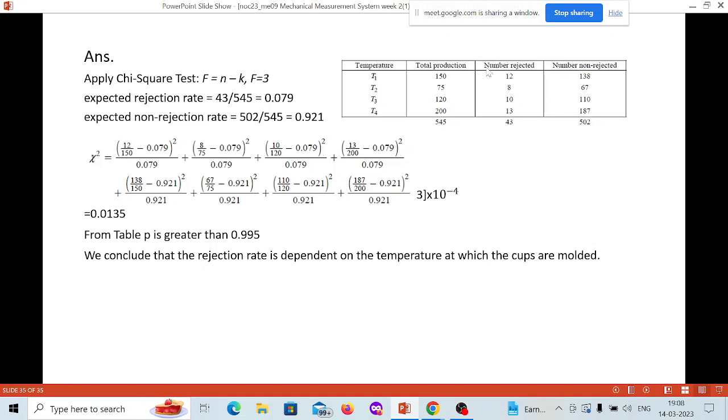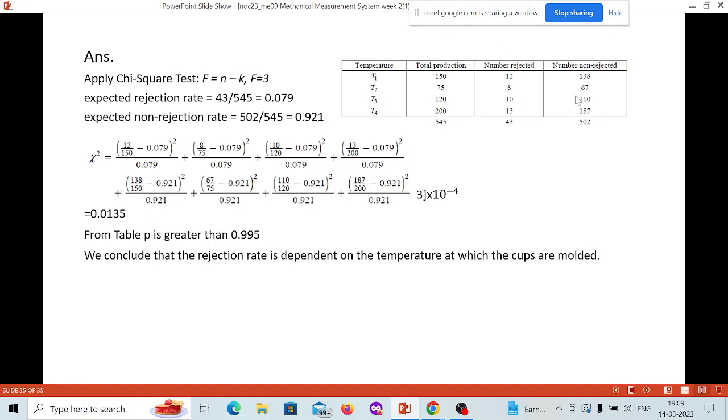The rejection rate is 12 by 150. You have 12 by 150 minus the expected value, 0.079. So you put the expected value, the whole square divided by the expected value, which is 0.079. Same for the second one. We have 8 rejections, so the rejection rate is 8 by 75 minus the expected value, and so on for all 4 readings. And then the non-rejection rate is 0.921.